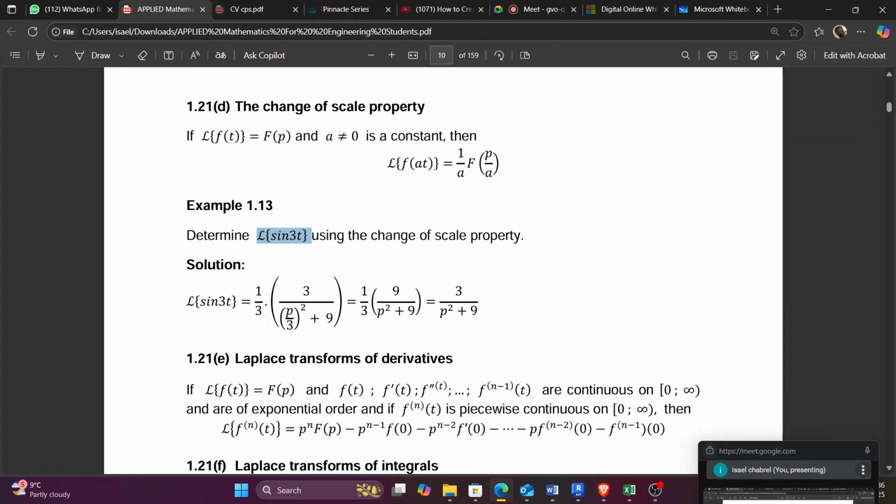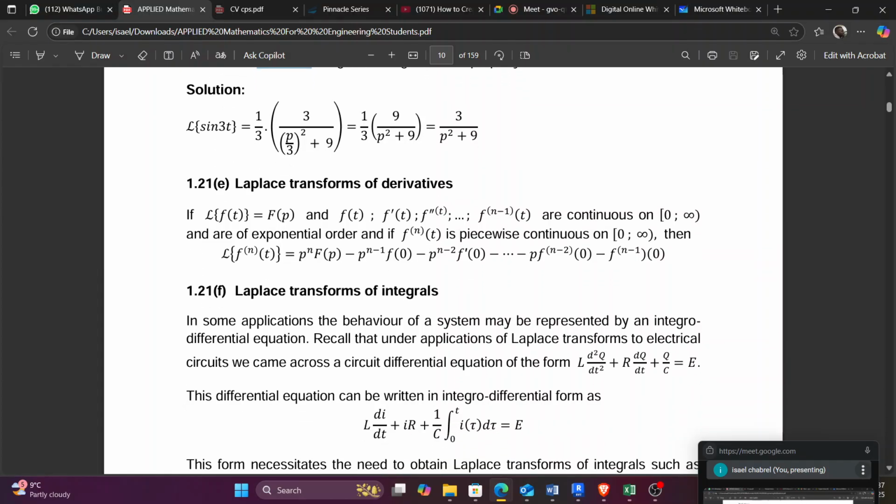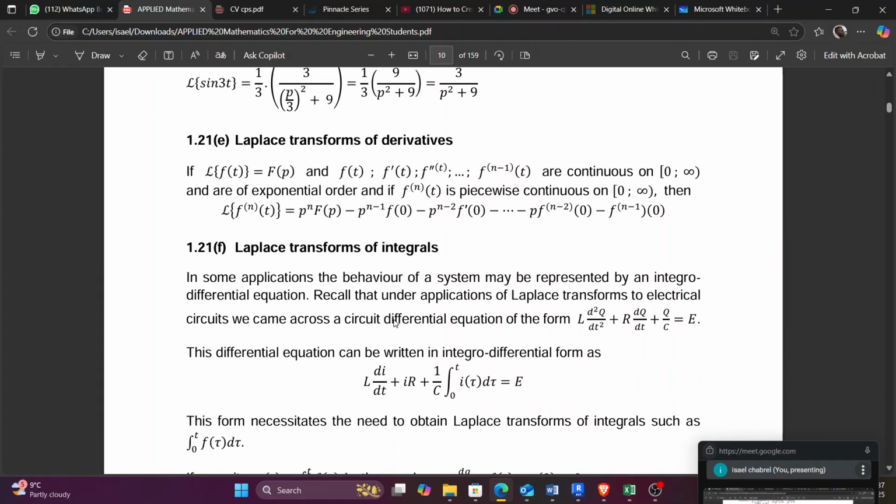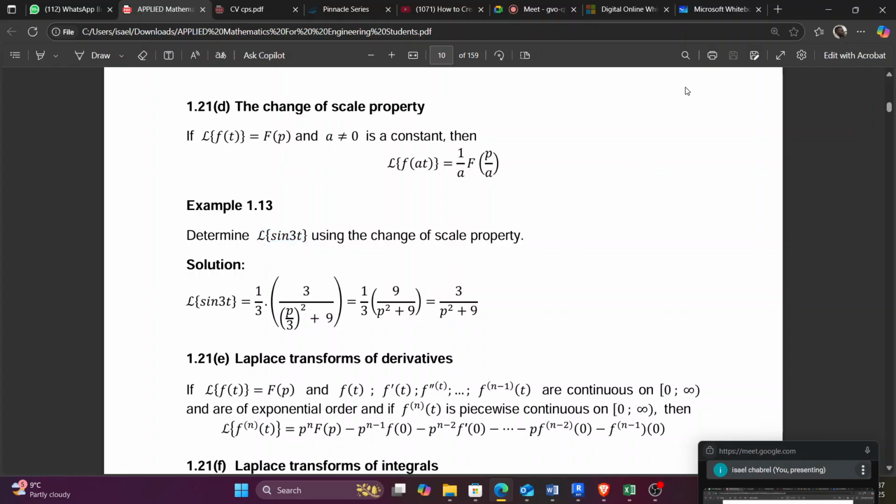So it means that you simply have to know which property you are dealing with. Like for instance here, the rule is simple. If you have any function that has any constant next to it, you can solve it by using the scale property. Let's do it. I don't want to waste much more time here because I know the stuff that is more interesting is coming, but let's just do this.